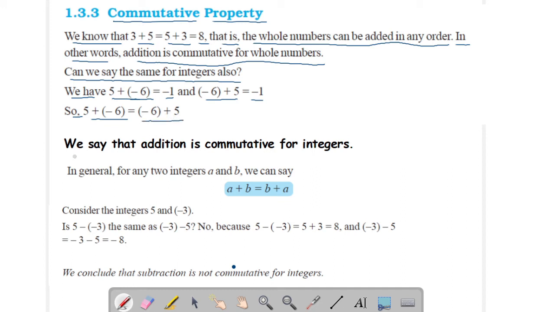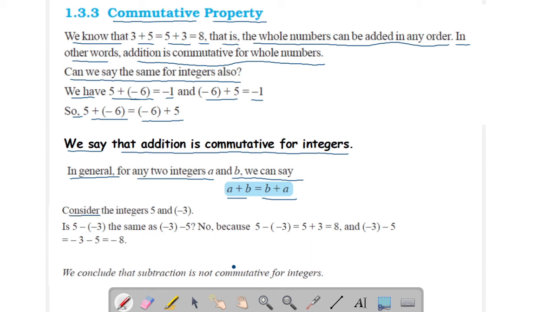We say that addition is commutative for integers. In general, for any two integers a and b, we can say a plus b equal to b plus a.